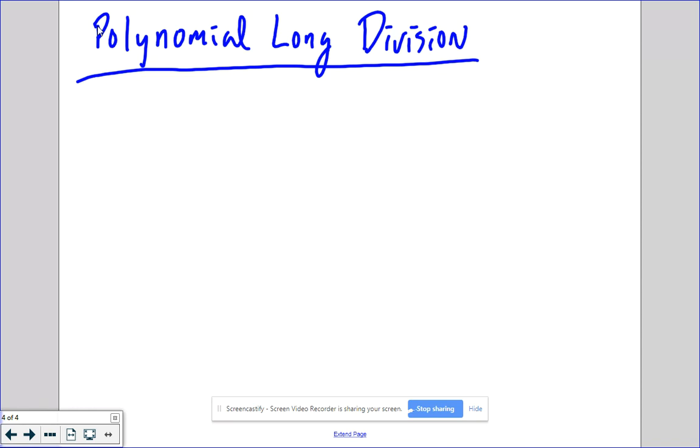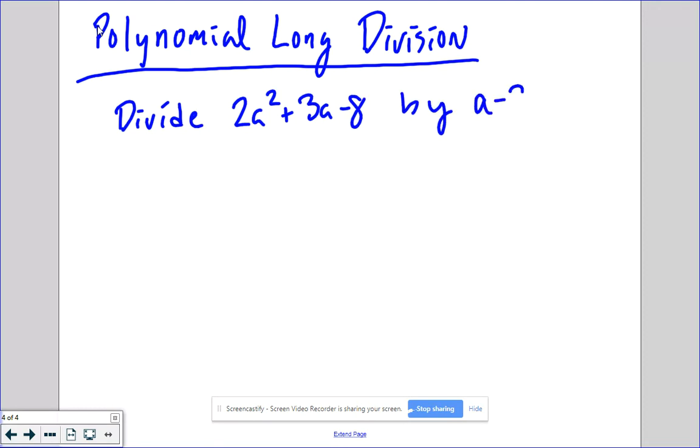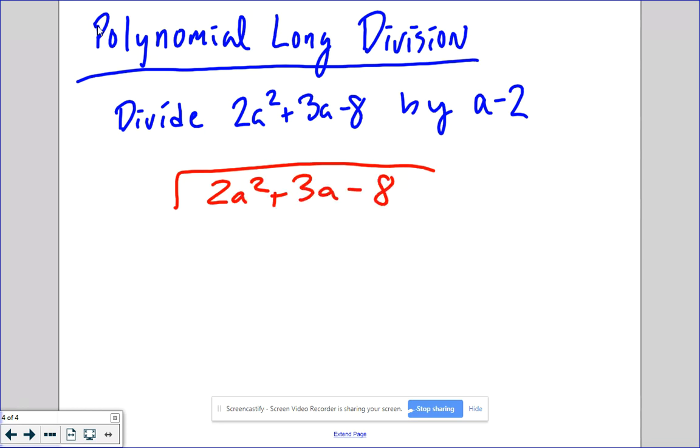So, we're going to divide 2a squared plus 3a minus 8 by a minus 2. You want to put that under the division symbol. So, 2a squared plus 3a minus 8 goes there. A minus 2 goes on the outside. Okay?